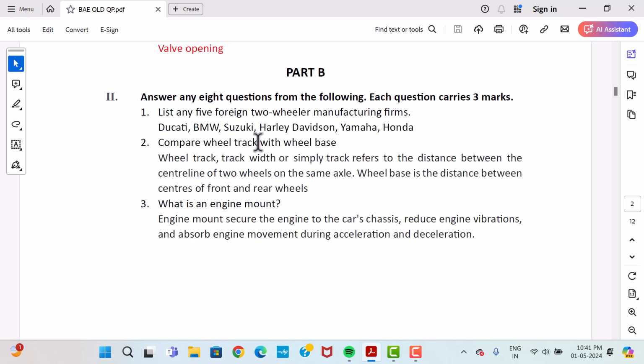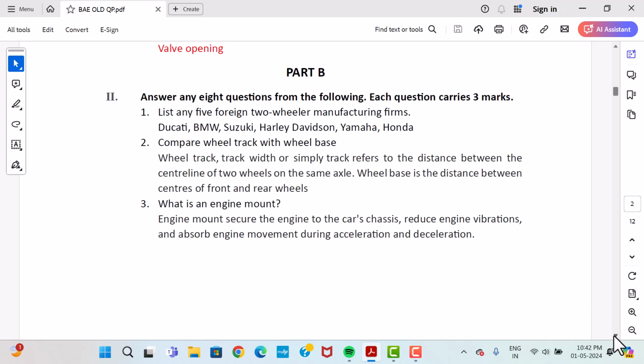Wheel track, or track width, or simply track, refers to the distance between the center lines of two wheels on the same axle. Wheelbase means the distance between the centers of the front and the rear wheels.